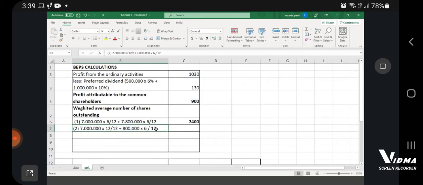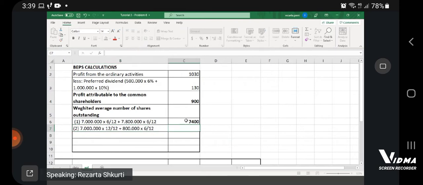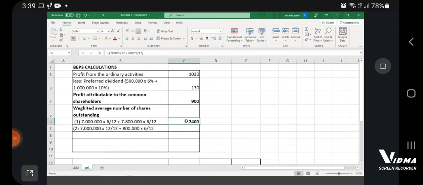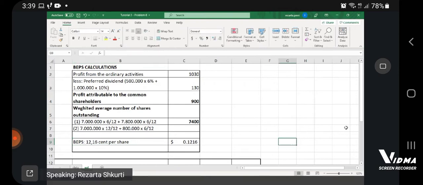Whichever way you follow, you are going to have the same result. So the basic earnings per share is 900 divided by 7,400. If we express that in cents, that would be 12.17 cents per share. So this is the calculation of the basic earnings per share.